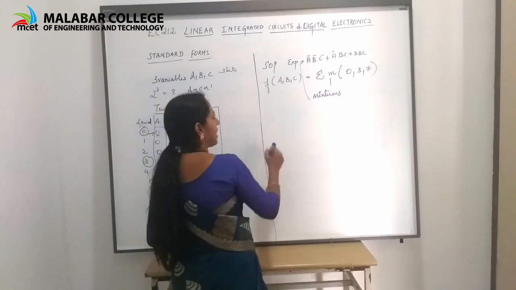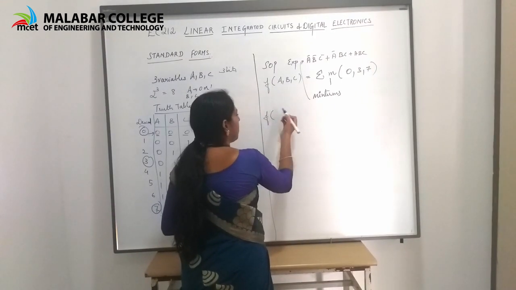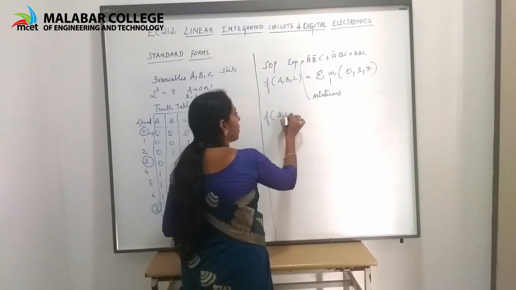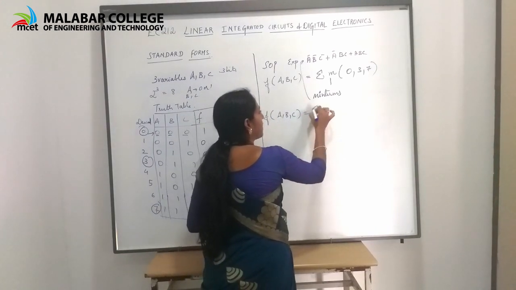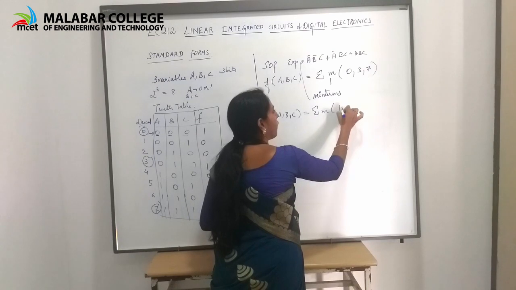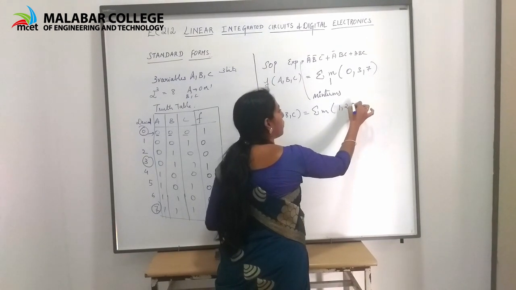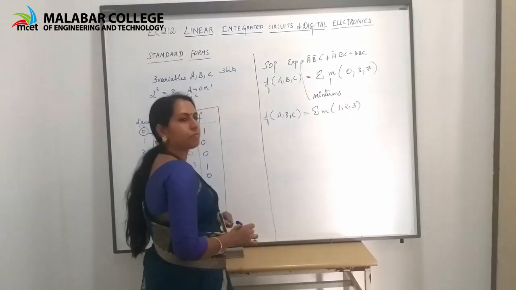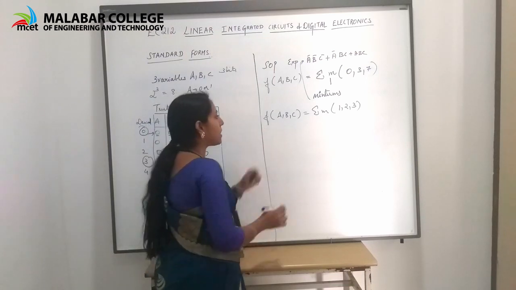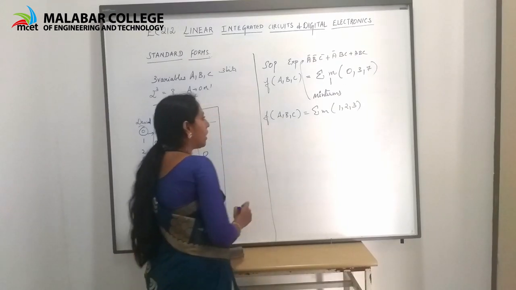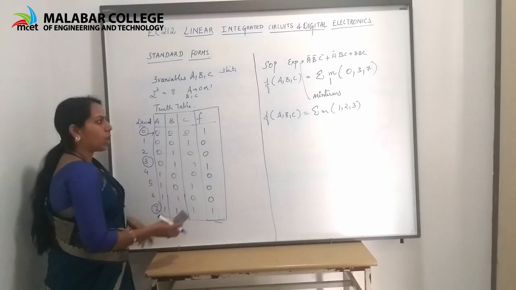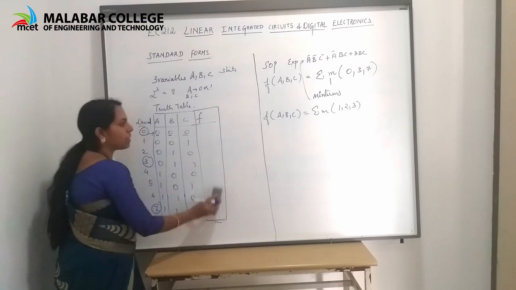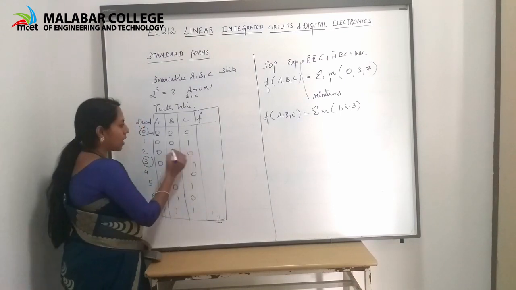Okay, let us take another example. I will take A, B, C and given summation m of 1, 2, 3. Three variables are given. So again, I'll change the truth table here.